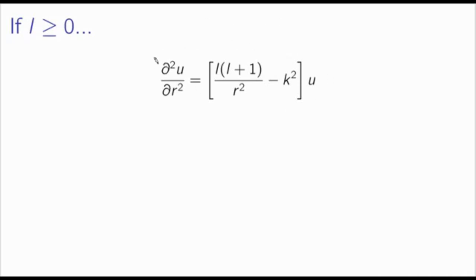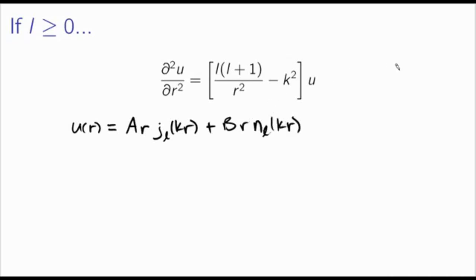This differential equation has a name, and the general solutions, he would be happy to write down for you, are given in terms of what are called spherical Bessel functions and spherical Neumann functions: j sub L of kr plus b times n sub L of kr, where j sub L are called spherical Bessel functions, and n sub L are spherical Neumann functions.